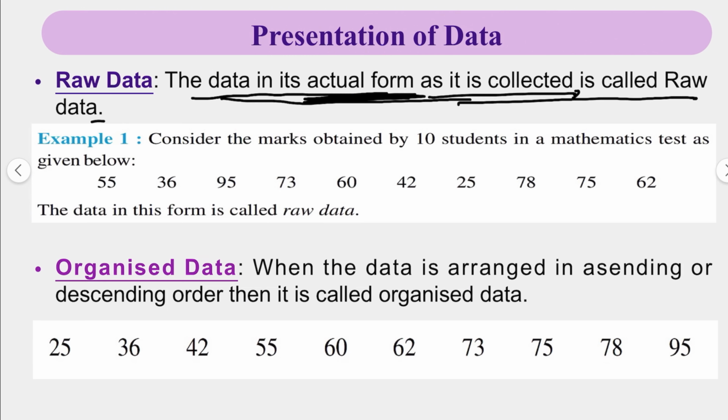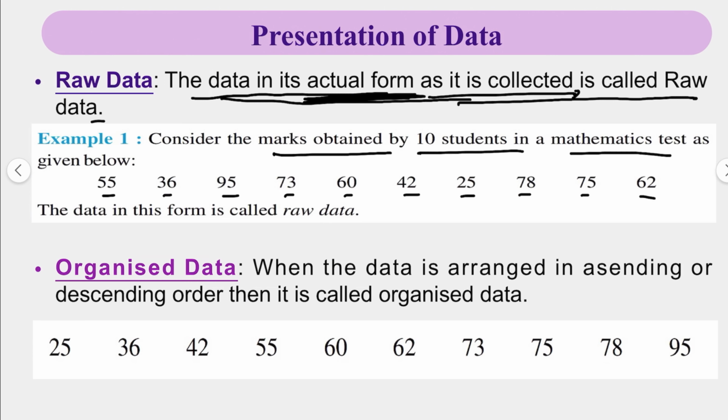For example, consider the marks obtained by 10 students in a mathematics test as given below. There are 10 students who have appeared in the mathematics test and their marks are 55, 36, 95, 73, 60, 42, 25, 78, 75 and 62.